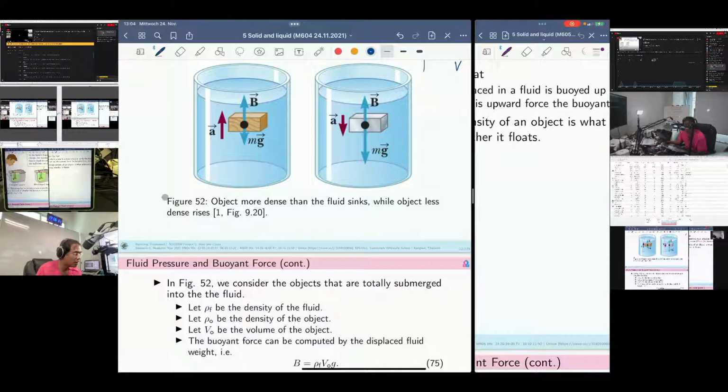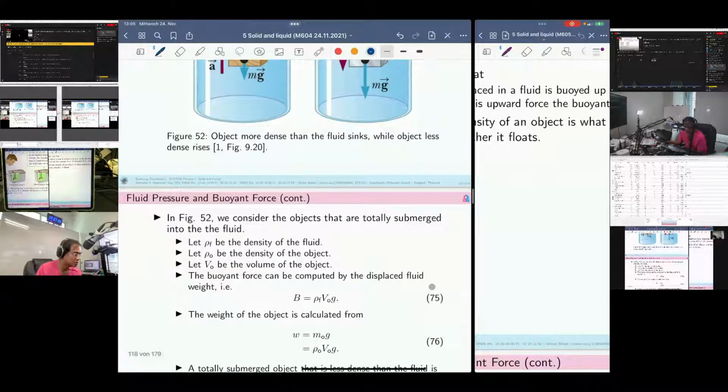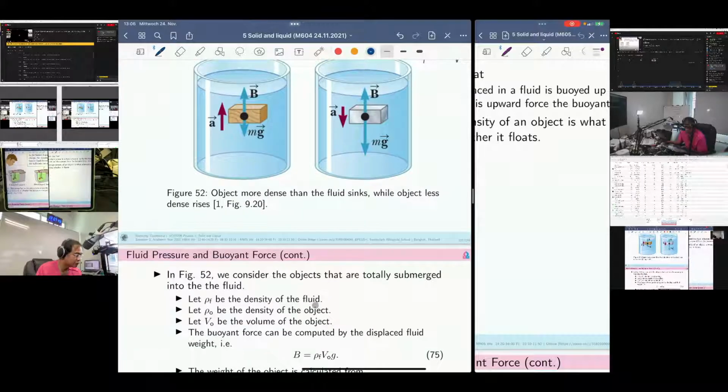From what I said, we can write this relation as the expression in equation number 75. The magnitude of vector B, the buoyant force, is equal to rho F, the density of the fluid, times V O, the volume of that object, times g, the gravitational acceleration on Earth, okay?